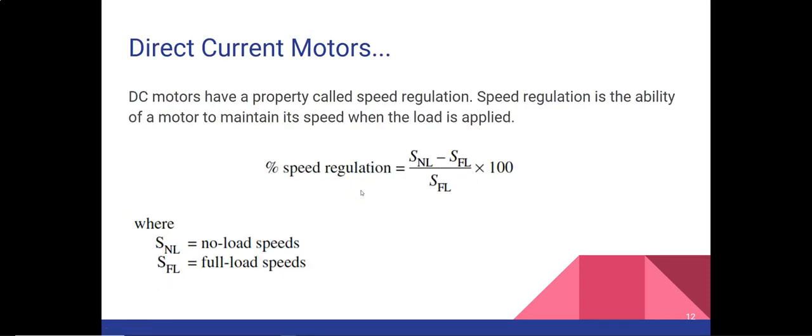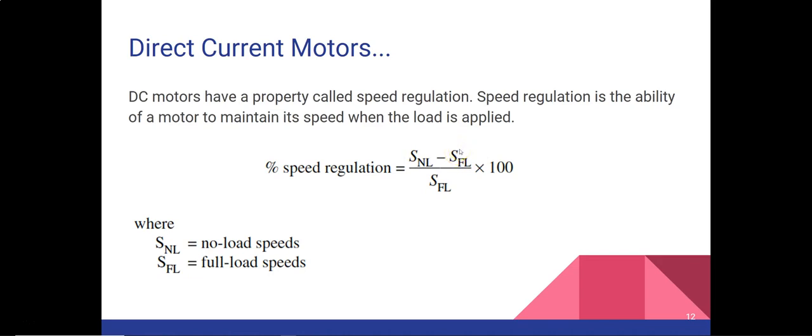Now next is the speed regulation. The speed regulation of a DC motor can be defined as the change in speed from no load to full load, and it is expressed as a fraction or a percentage of the full load speed. So you can see here it is given by SNL minus SFL upon SFL into 100, where SNL is the no load speed and SFL is the full load speed.